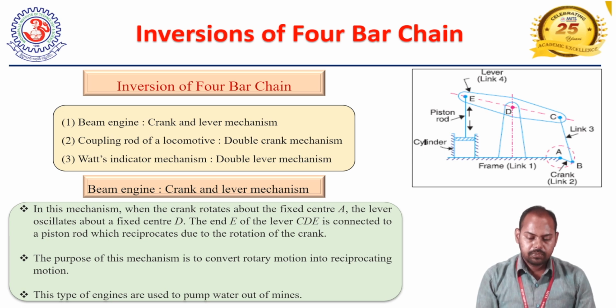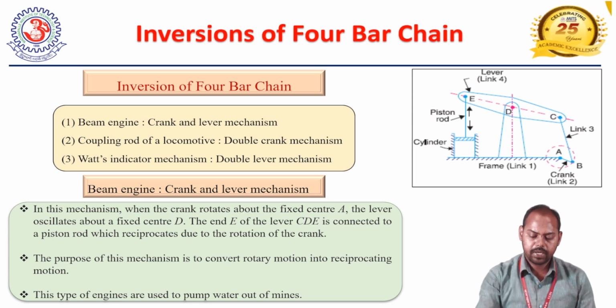The purpose of this mechanism is to convert rotary motion into reciprocating motion. In this, what we have seen is that the 4 links are associated with 4 turning pairs. This type of engine is used to pump water out of the mines.